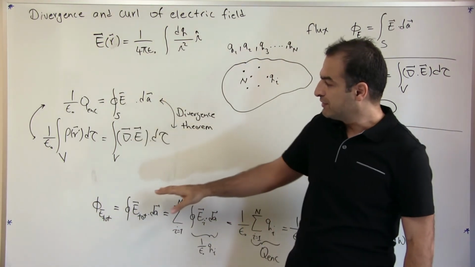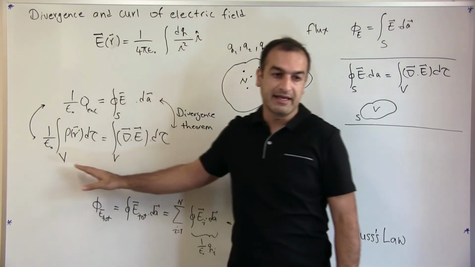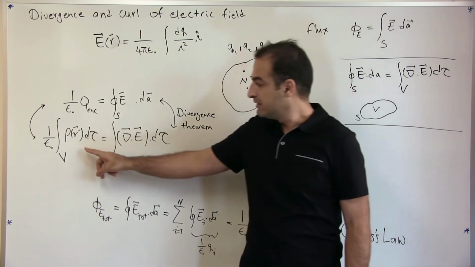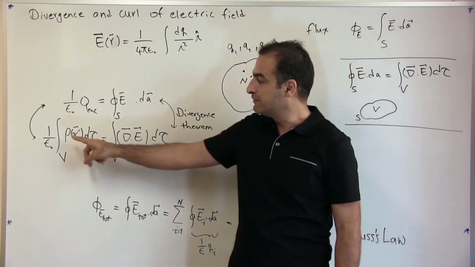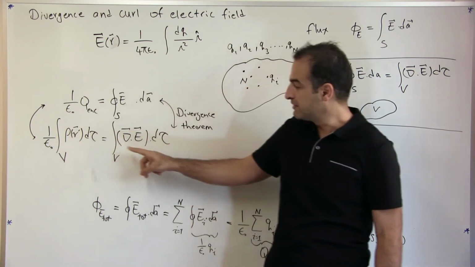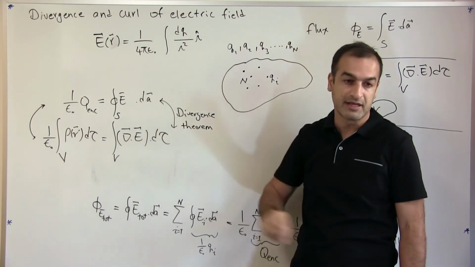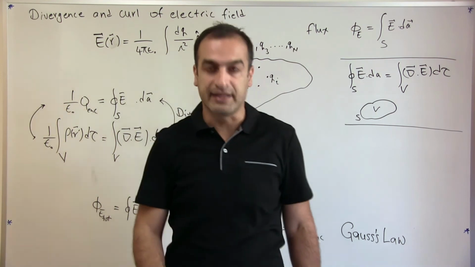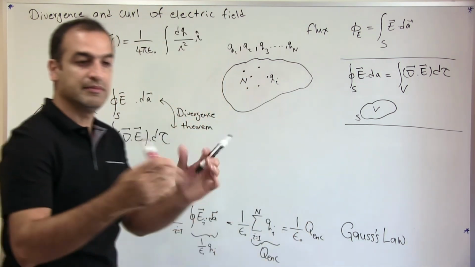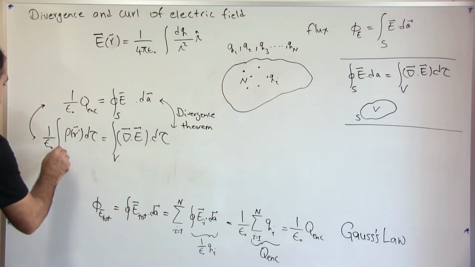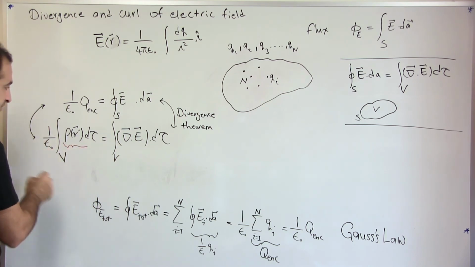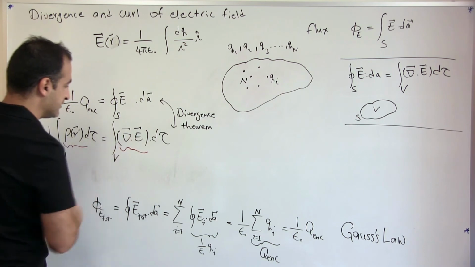Any surface and any volume we choose, we end up with this equality. If this is always correct, the integrands should be the same because the limits of the integrals are the same, meaning that this, combined with 1 over epsilon 0, should be equal to this.